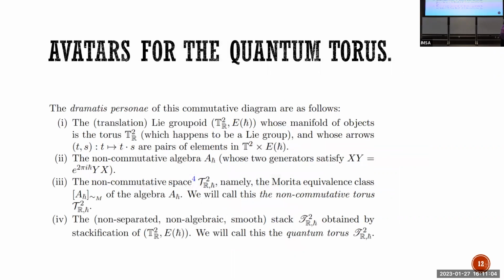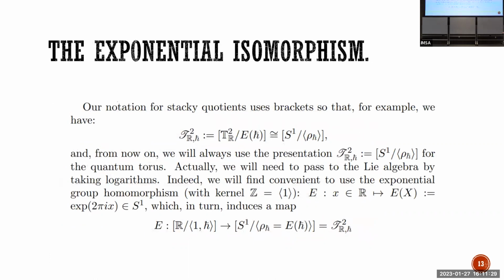So we have these avatars for the quantum torus that I just described, and we will concentrate on number four, the stack. This will be our quantum torus, and we know we can always recover the non-commutative algebra from this stack. So this has a little bit more information than just the non-commutative algebra.